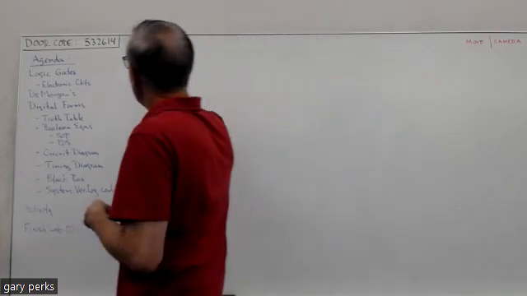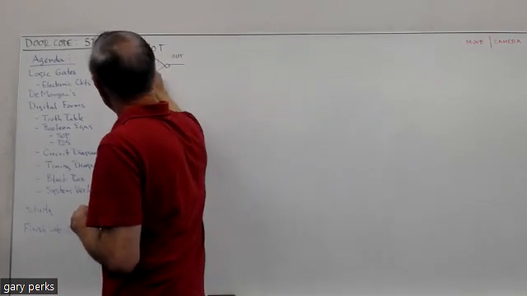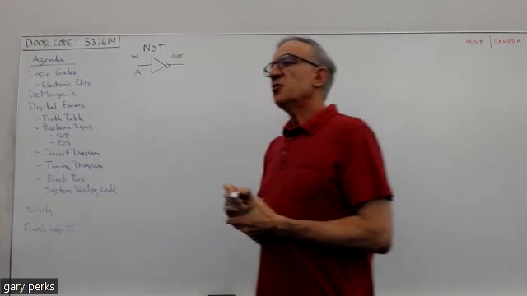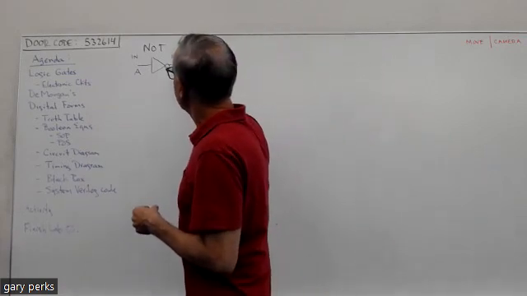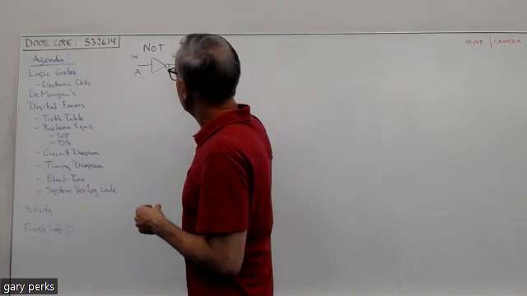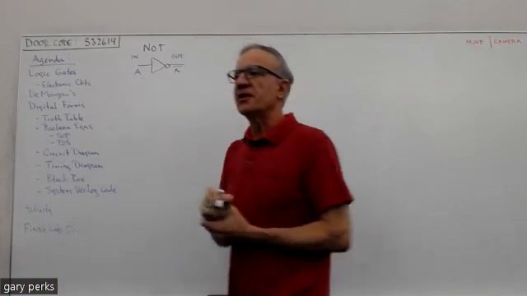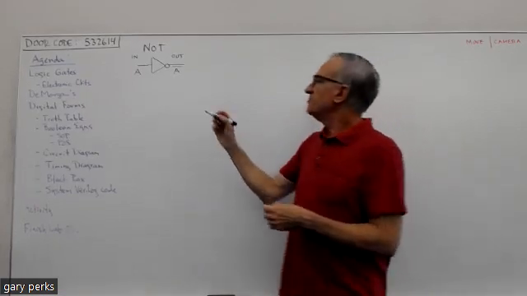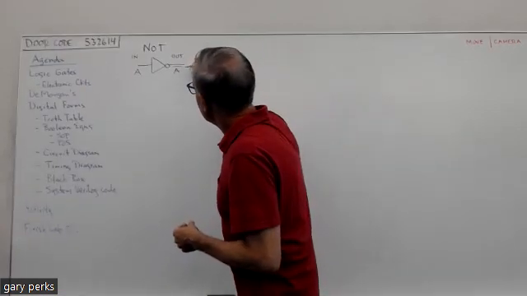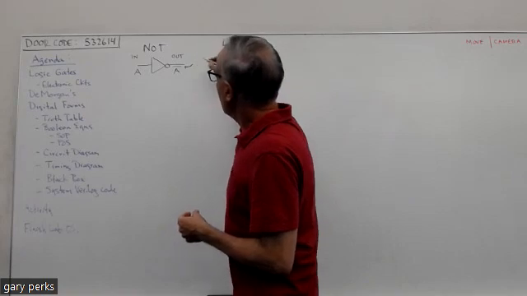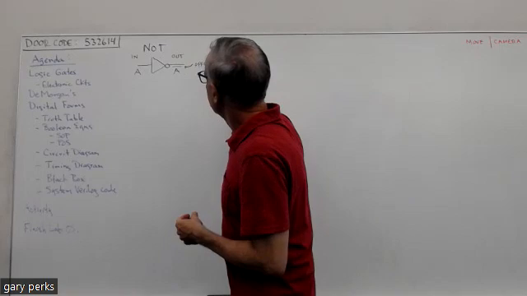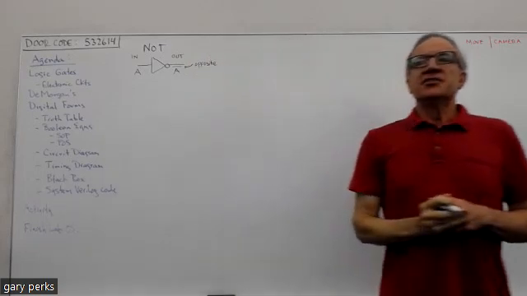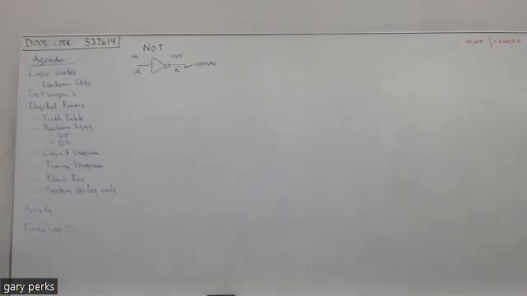So if I label this input A, well, in Boolean algebra, we would represent the output of this NOT gate as the same variable as the input, but with a bar over it. Okay. And in Boolean algebra, that bar means opposite.